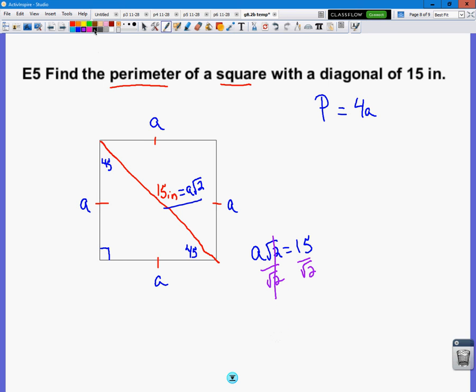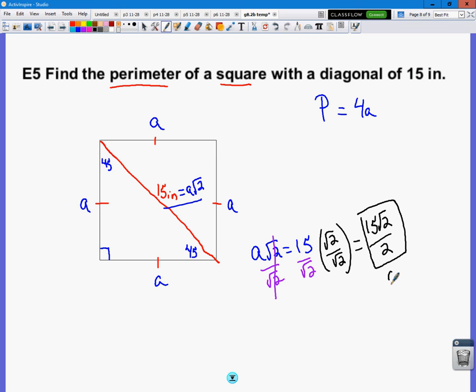I have to rationalize my denominator. Notice this time, this doesn't go into that evenly, does it? It is okay to leave it this way. There's nothing wrong with that. In fact, because they asked me to do more with it, I am going to leave it this way.